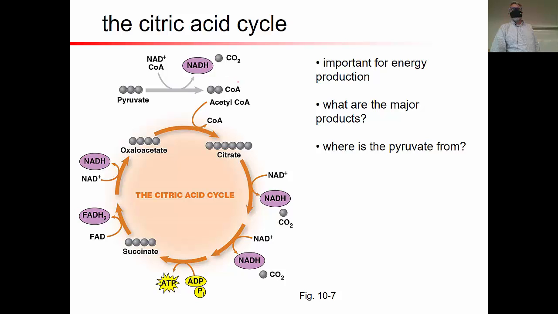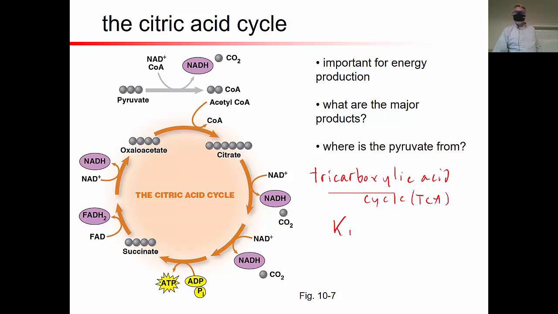The top is a feeder system into what we call the citric acid cycle, also known as the tricarboxylic acid cycle, or TCA cycle, or the Krebs cycle, all interchangeable. What happens here is we feed in a 2-carbon molecule. So our 3-carbon molecule is converted to a 2-carbon molecule, and we release 1 carbon dioxide.